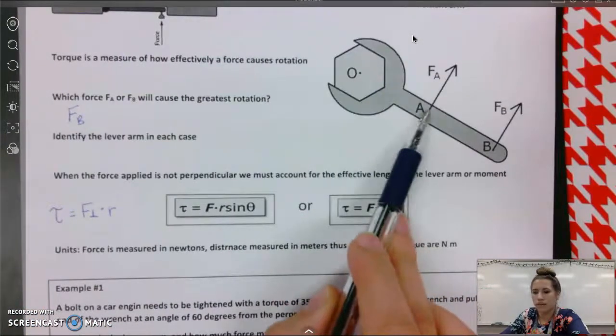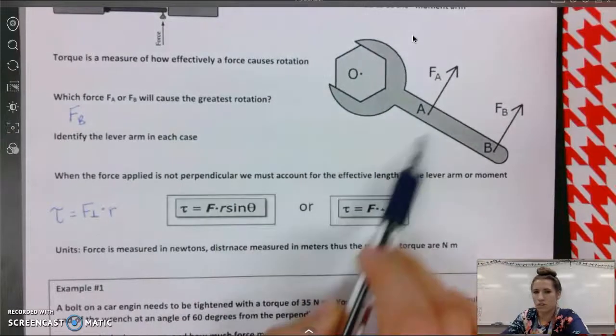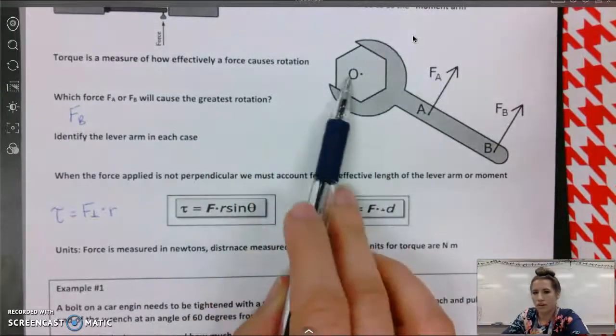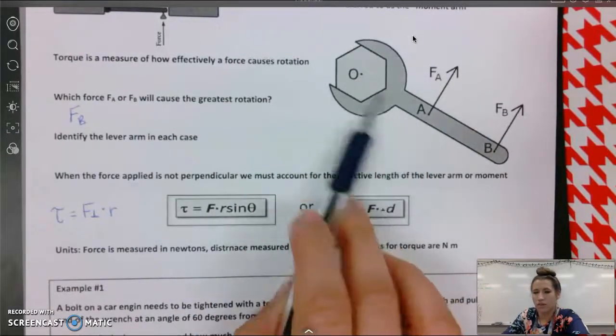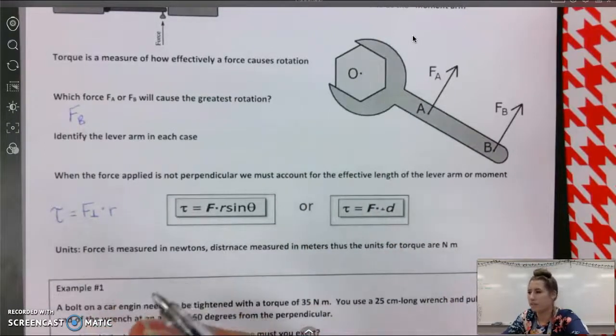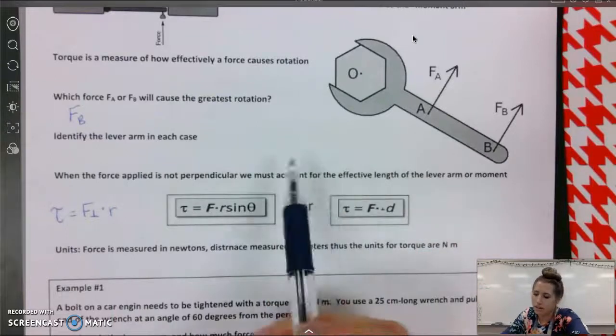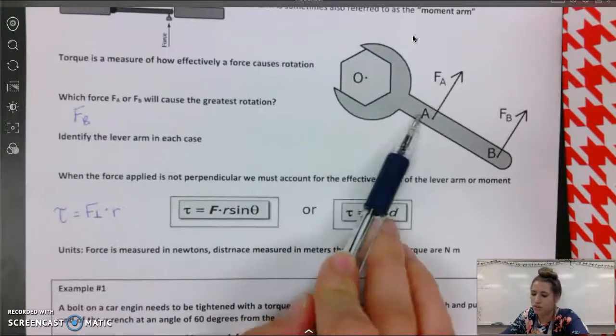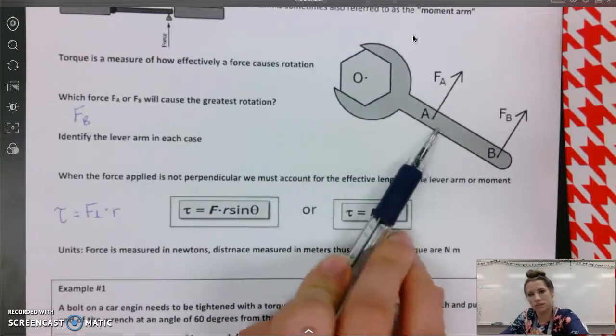And so if here we're making this circle with the force, then the radius would be there. So a good way of looking at this is r is that lever arm. It's that distance from the point of rotation to the force that's being applied.